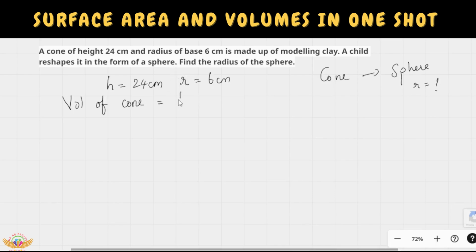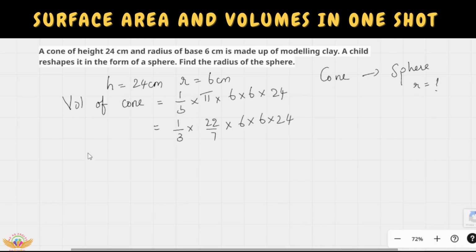Volume of cone is equals to 1 by 3 into pi into 6 into 6 into h, h is 24. Done. So 1 by 3 into 22 by 7 into 6 into 6 into 24. This is the volume of the cone.